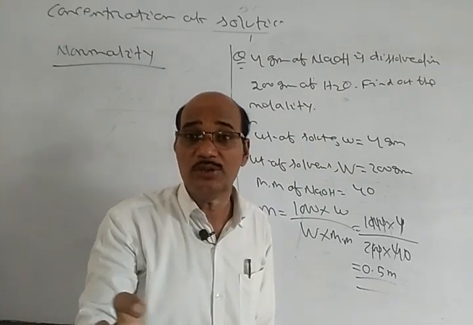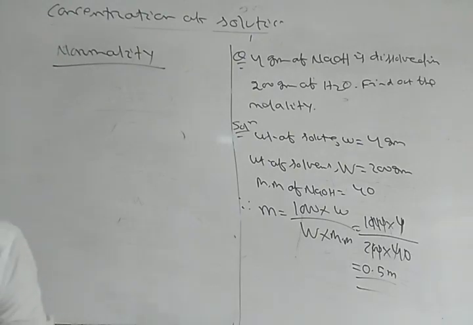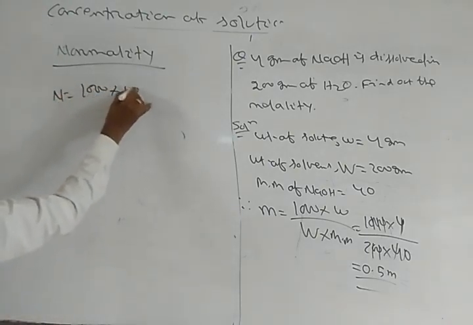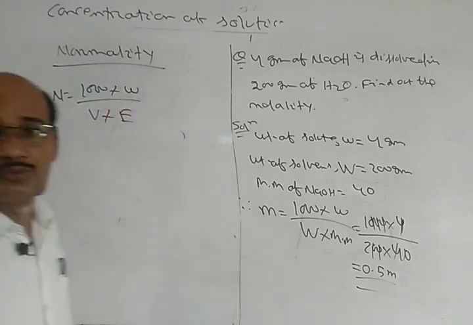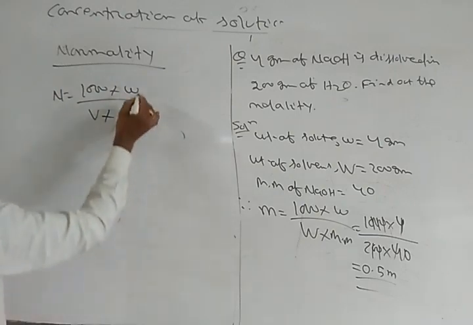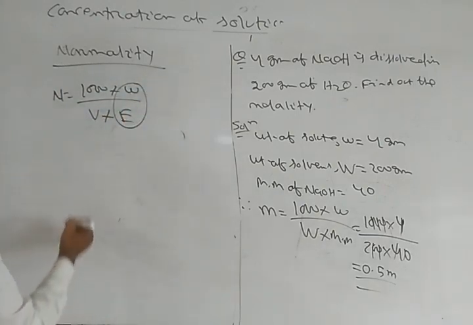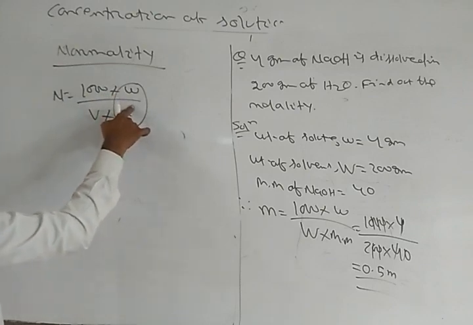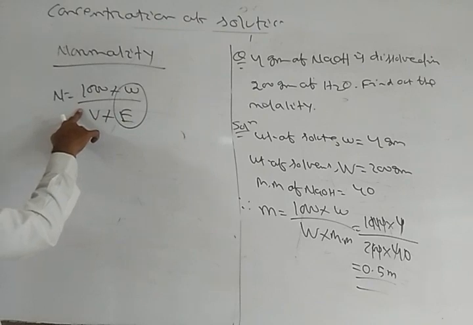So normality N is equal to 1000 into W by V into equivalent mass. W by E is the number of gram equivalents. How many gram equivalents of the solute are present in 1000 ml of solution, that is called normality.